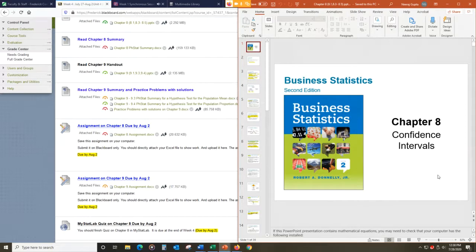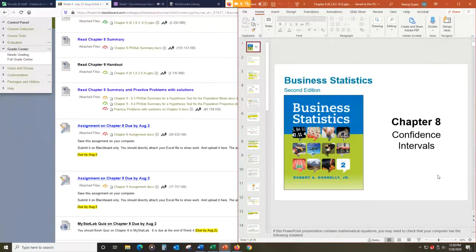So as I mentioned earlier that this week we are starting our inferential statistics. So inferential statistics covers 2 parts. One is estimating population parameters, and the second is doing the hypothesis testing. So we are doing chapter 8 as estimation of population parameters from sample statistic.